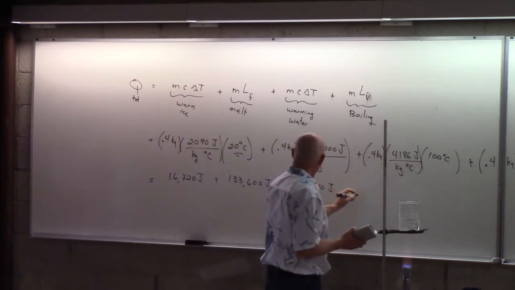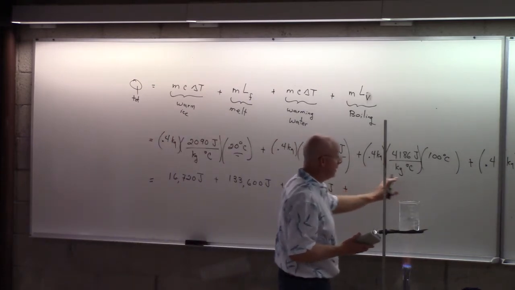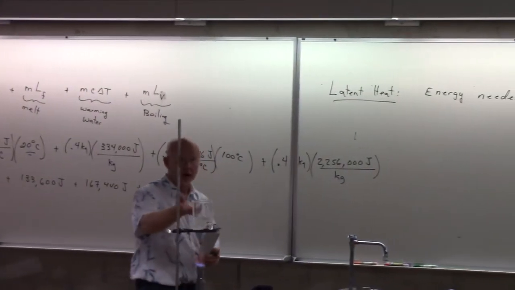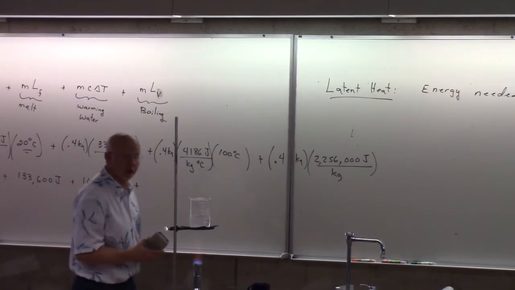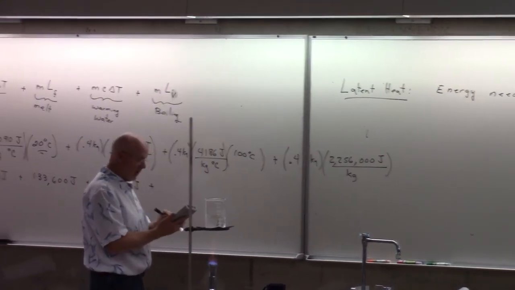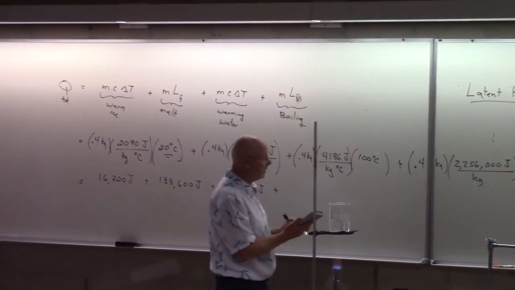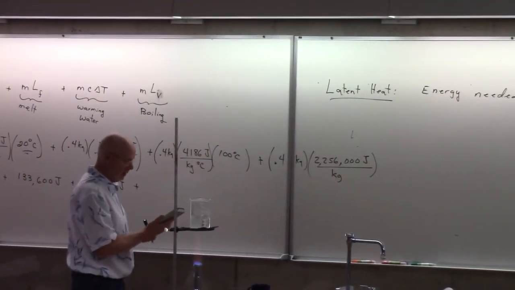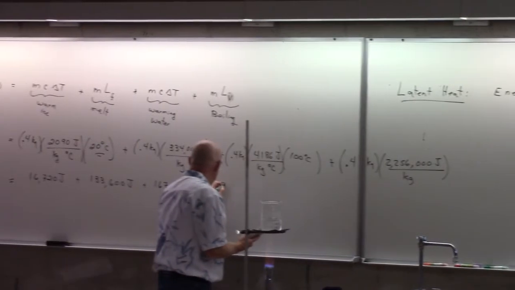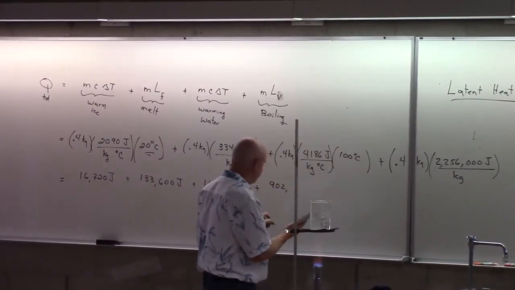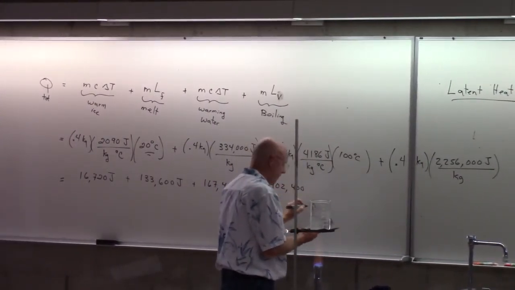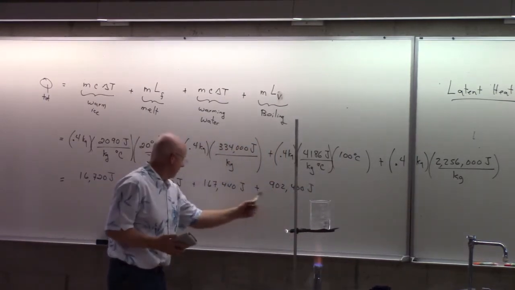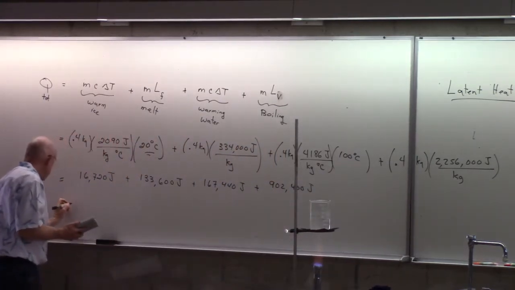Well, then the last one here, as I said, is by far the biggest piece of the puzzle. This is where most of the energy is. 0.4 times 2,256,000. And so this is 902,400 joules of energy. And look, these other ones aren't even close.